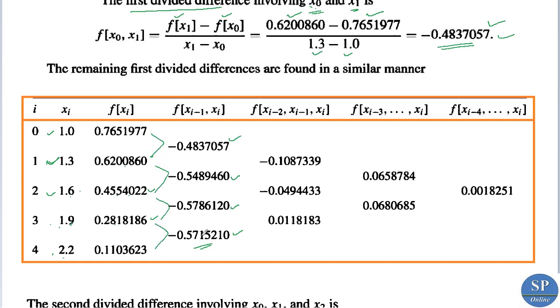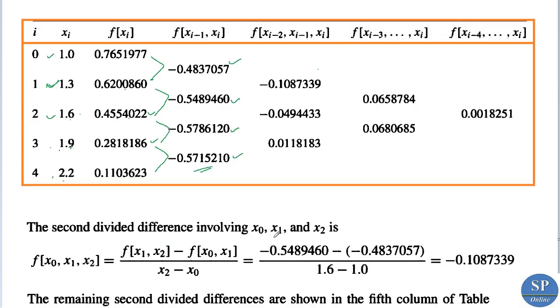Now after obtaining these first divided differences we will get the second divided differences. Okay, so for the second divided difference involving x0, x1 and x2, this is x0, this is x1 and this is x2. The second divided difference involving these three is obtained by using the first divided differences of this.